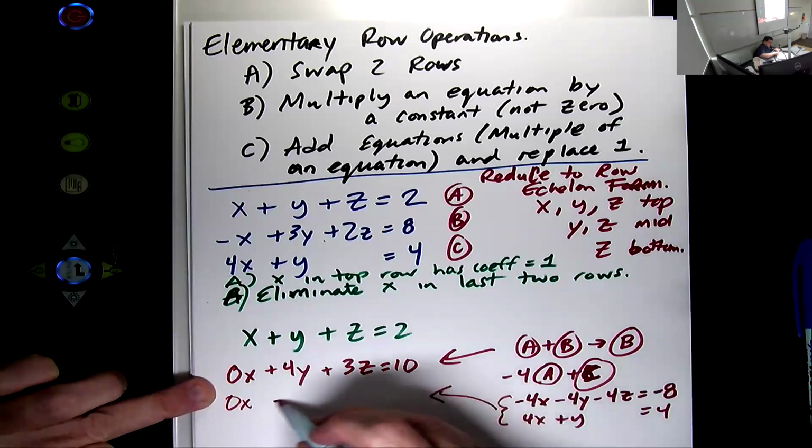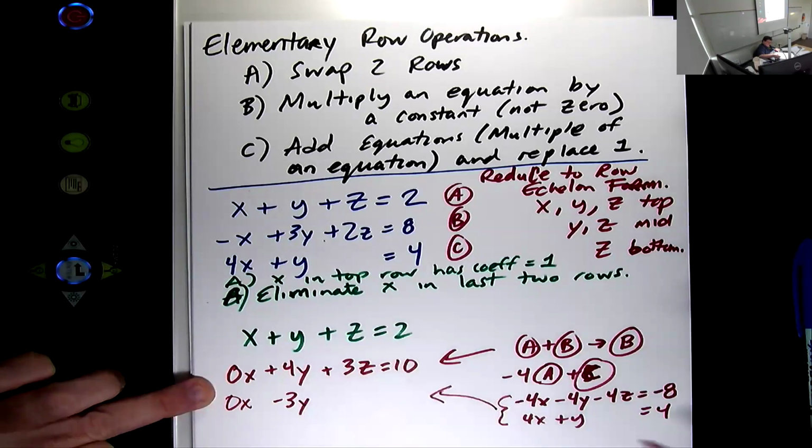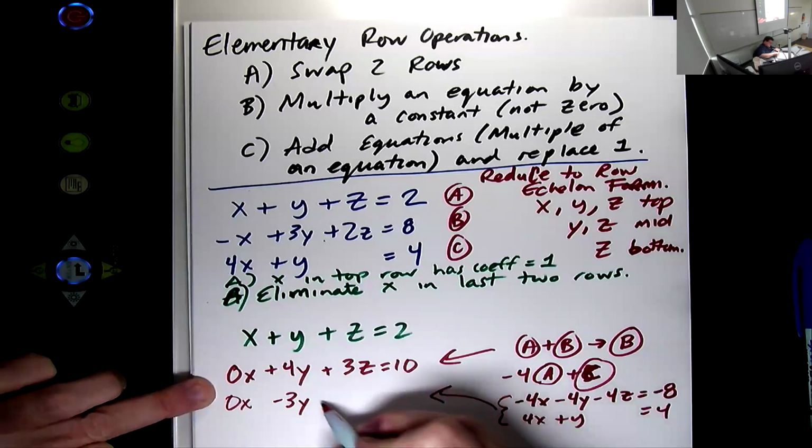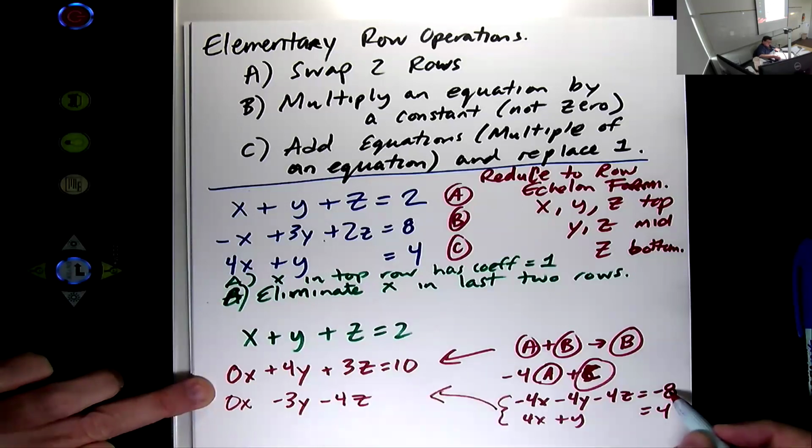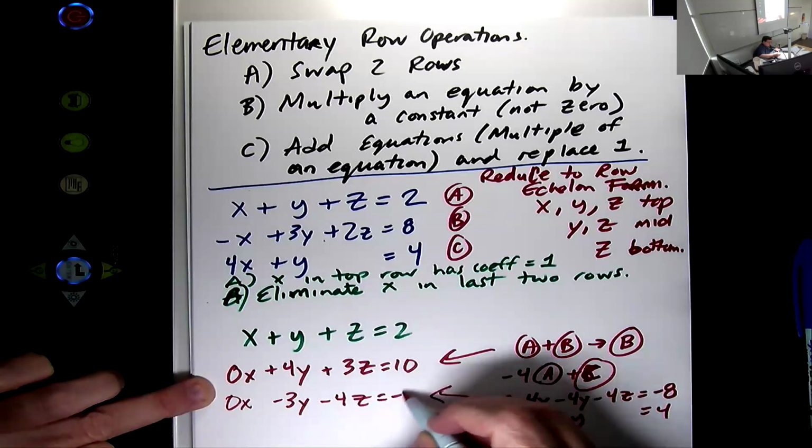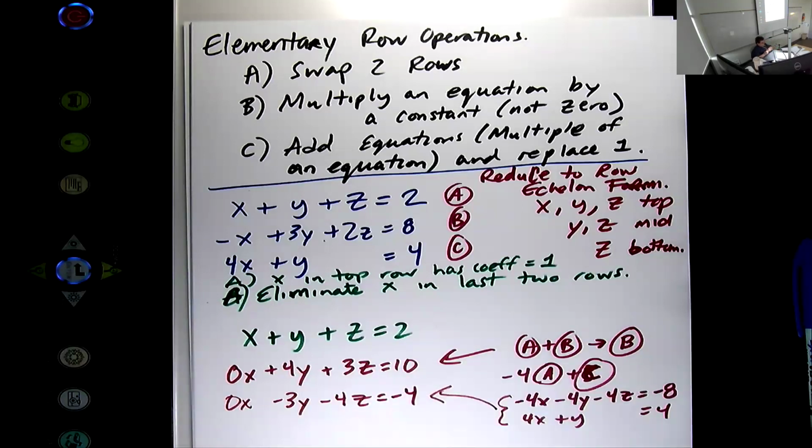And I have -3y minus 4z equals -4. I add these up: 0, -3, -4, -4. So this is the -4A, and that's the C.